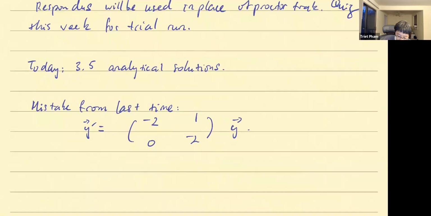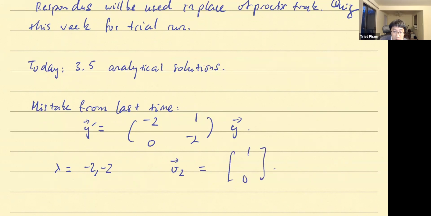So we found that lambda equals minus 2, repeated eigenvalues. The eigenvector is (1, 0) as the only eigenvector.